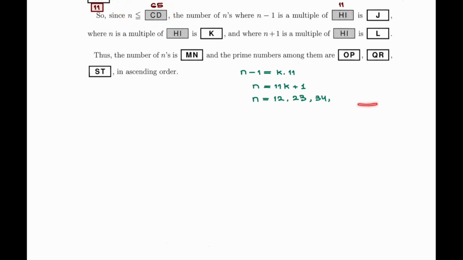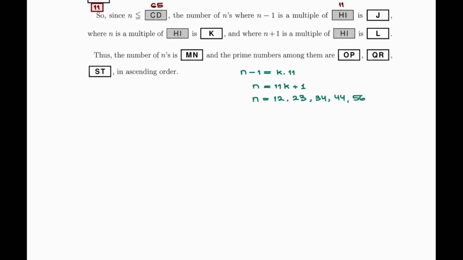Until we get the largest value of n which is less than or equal to 65. Okay, this is k equals 1, k equals 2, k equals 3, then k equals 4, I get 44. And then k equals 5, I get 56.